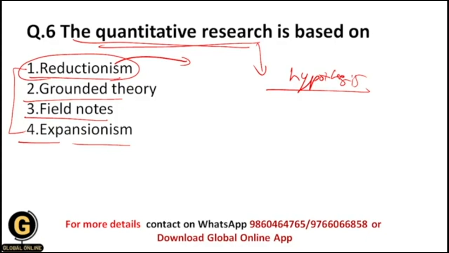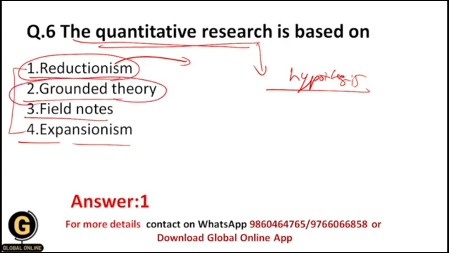And that's why here we are going to convert the complex problem into a simple hypothesis. Here we are doing reductionism, and that's why the correct answer to this question is 1, that is reductionism. And that's why quantitative research is based upon reductionism.